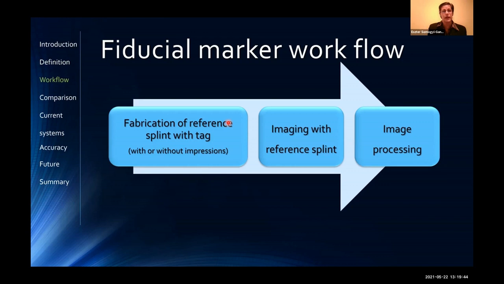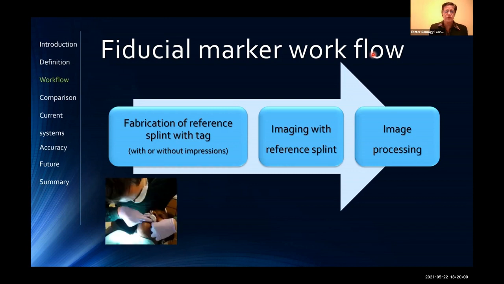So how would this look? This is the fiducial marker, meaning those reference points that we attach both to the patient and to the handpieces or tools. How would that workflow look?